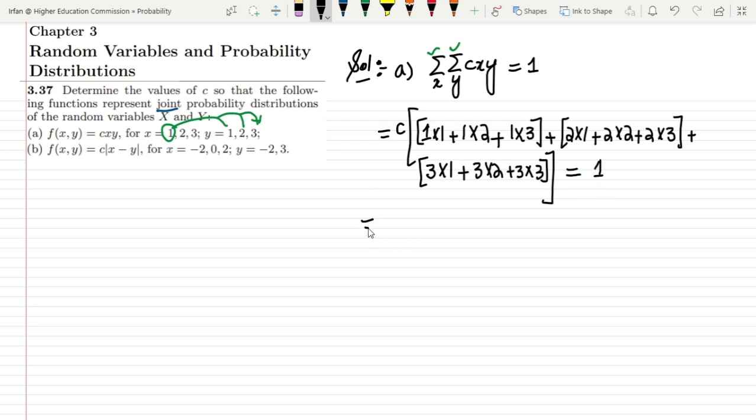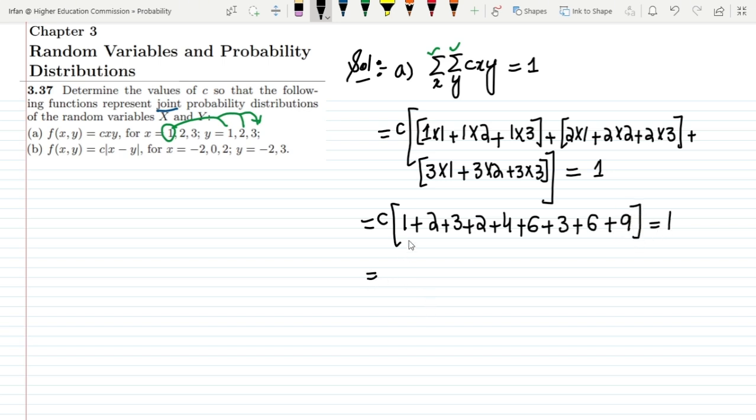Now taking all these values, let me multiply and add them. 1 times 1 is 1, this is 2, this is 3. Now this is 2, this is 4, this is 6, and this is 3, this is 6, and this is 9, and that is equal to 1.